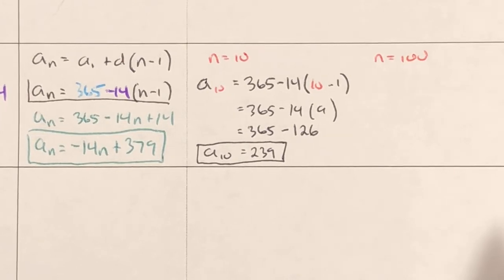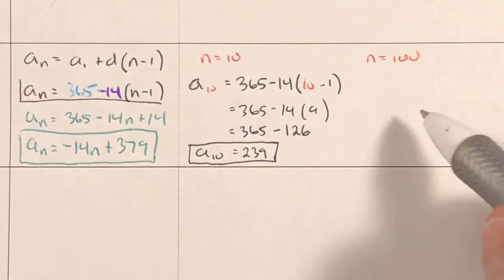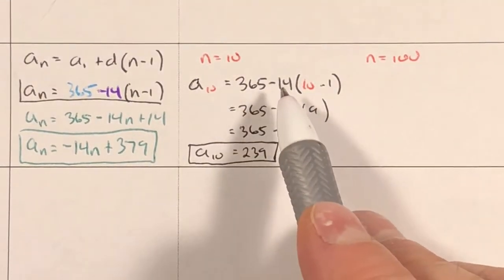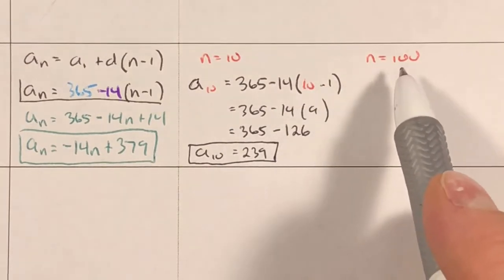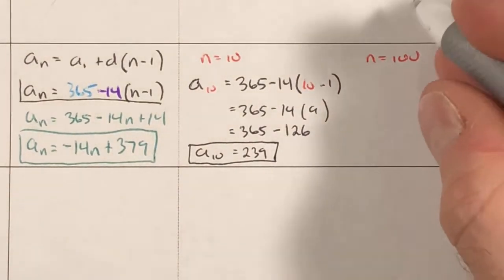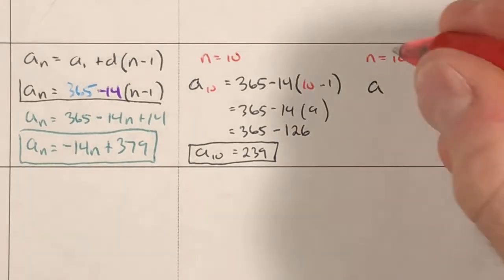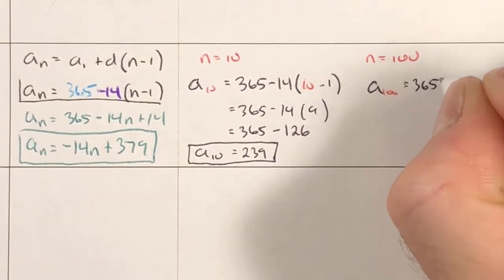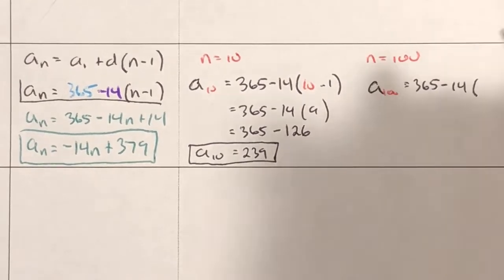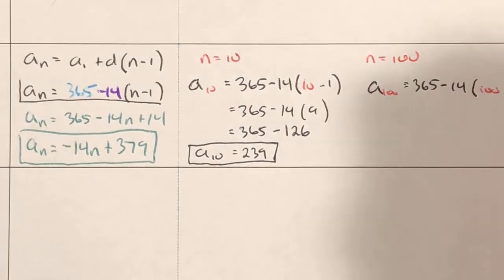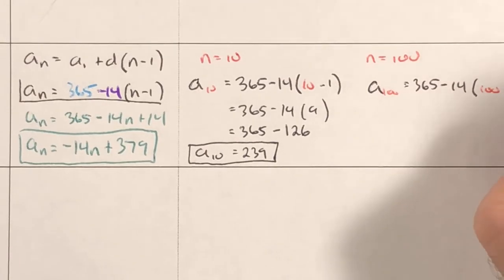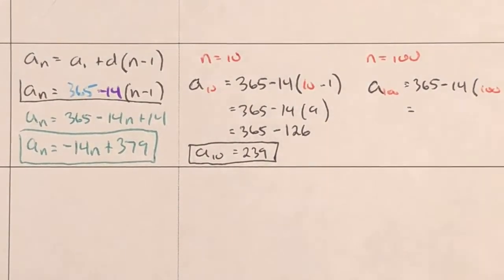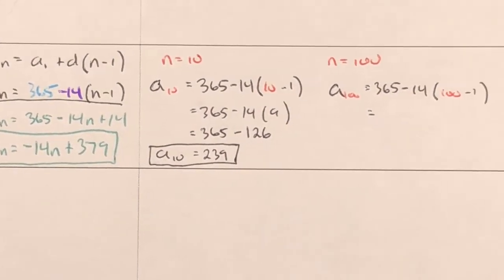Okay. And so for the 100th term, I'm going to do the same thing, but I'm going to subtract 14 99 additional times so that I can get to the 100th spot. A of 100 is 365 minus 14 times (100 minus 1). Oh, let's go ahead and get that.